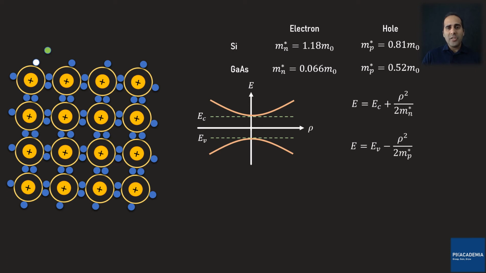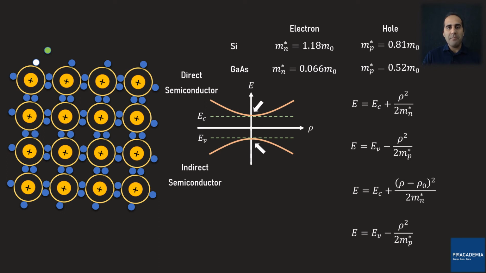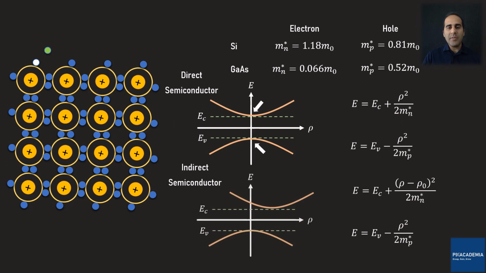Those semiconductors having a face-to-face maximum and minimum of valence and conduction bands are called direct semiconductors. There is another type of semiconductors called indirect. These equations represent the valence and conduction bands of an indirect semiconductor. In indirect semiconductors, the absolute maximum of the valence band does not have the same momentum as that of the absolute minimum of the conduction band.